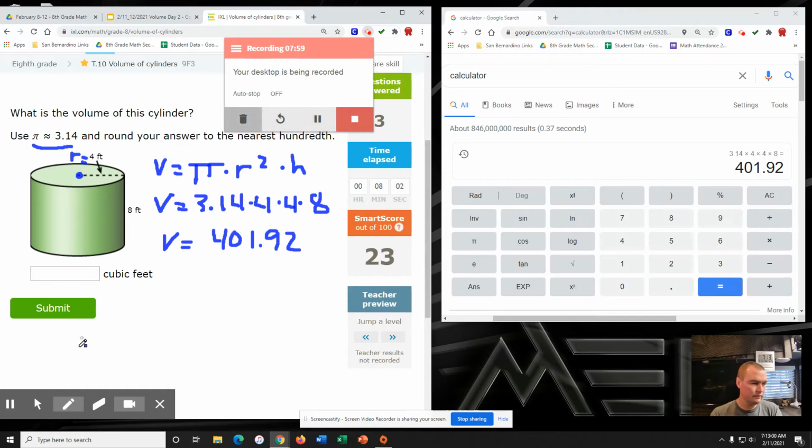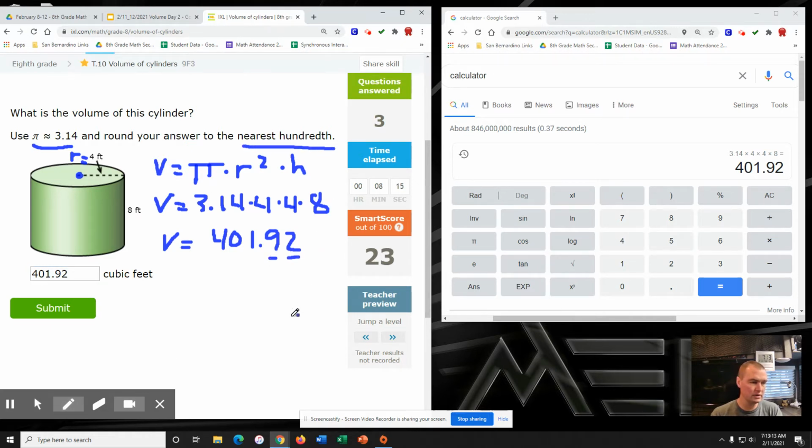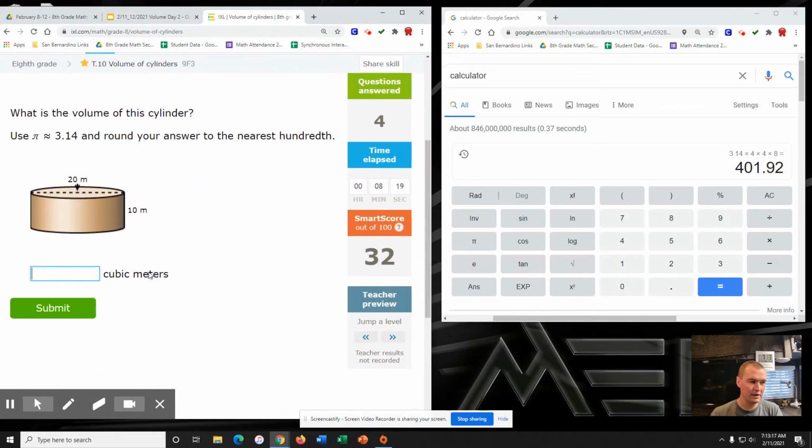All right, so now we're going to take that and just plug it in. So we got 401 and 92. And double check, round to the nearest hundredth means 2 decimal places over. 1, 2, looks good. We should be right on the money on this one. All right, got it done a little bit faster that time, not bad.